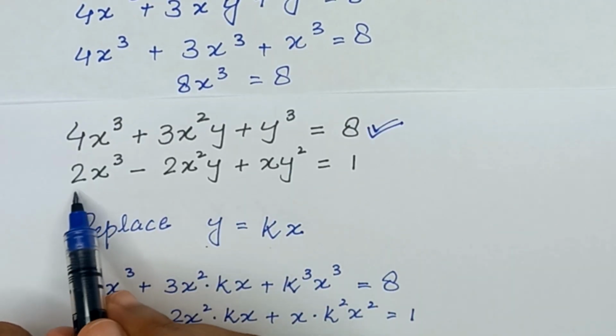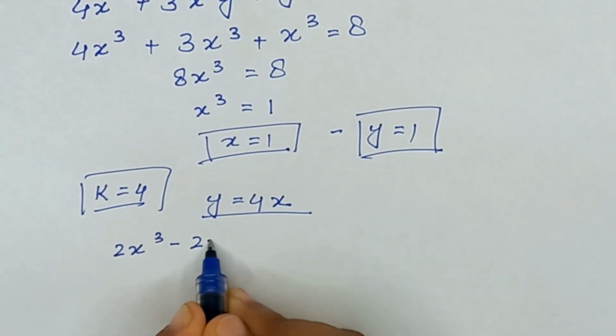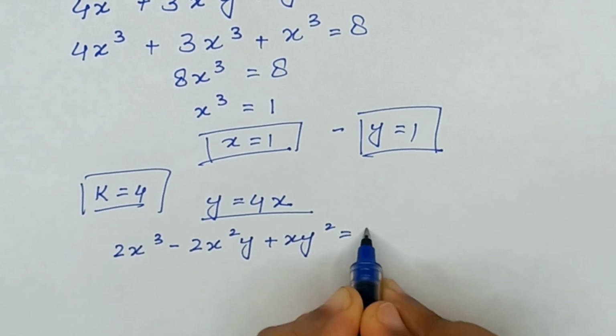Similarly, we will substitute this y is equal to 4x in any one of the equations. So I will substitute in the second equation, which is 2x cube minus 2x square y plus xy square is equal to 1.